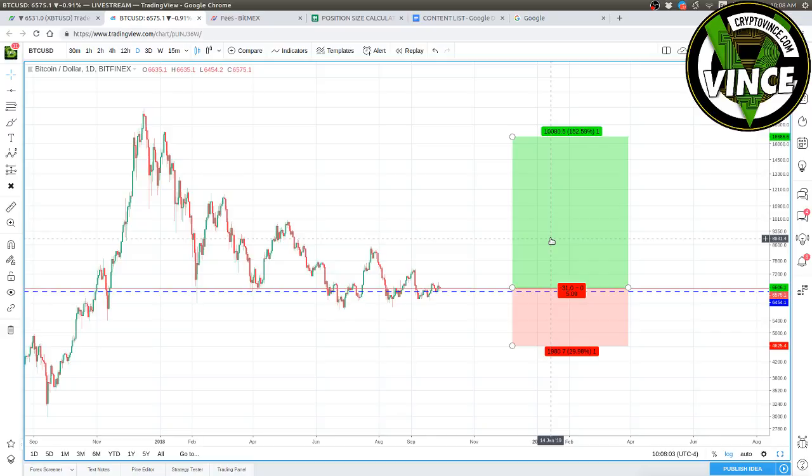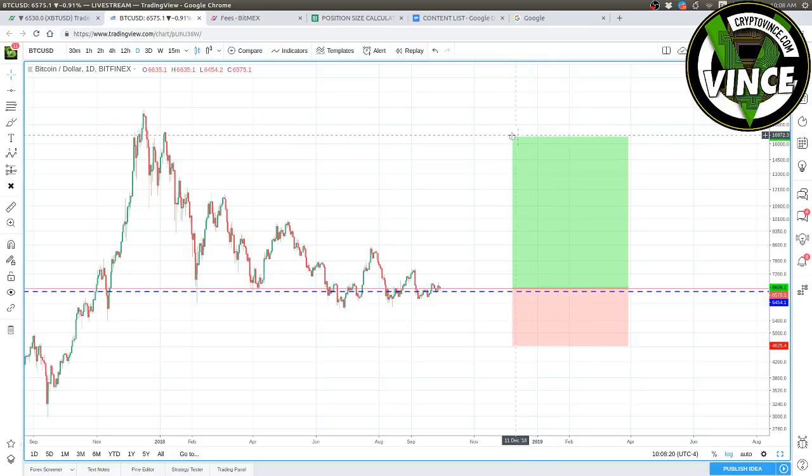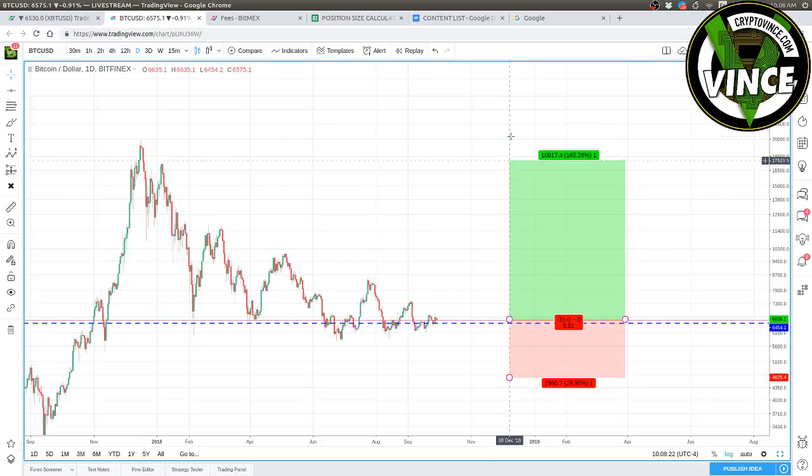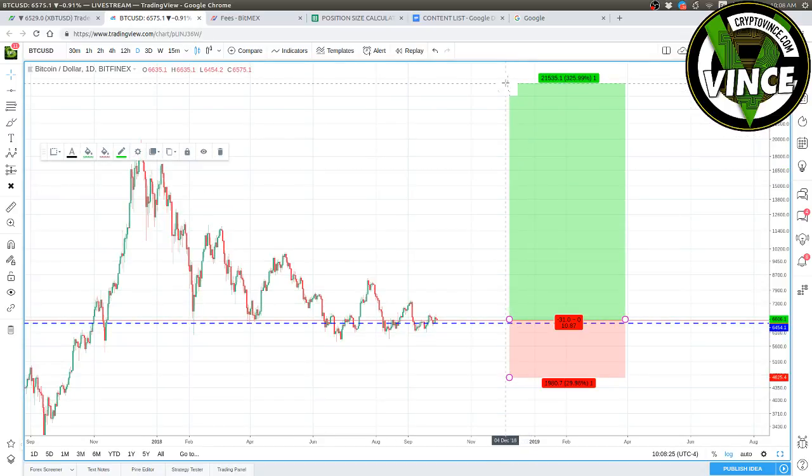If you follow a risk calculator and use a position size and you know that your risk is gonna be 1% on every trade, it doesn't really matter how deep your stop loss is. It doesn't really matter how much percentage you see in the chart, even if it's 300%.